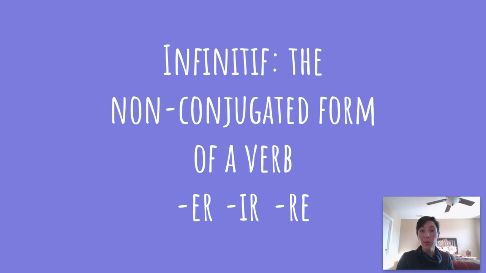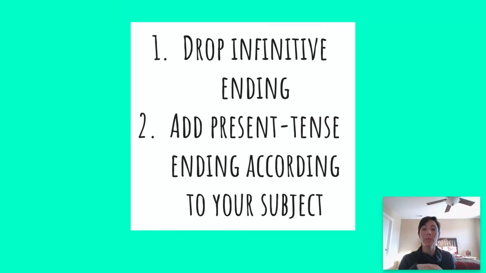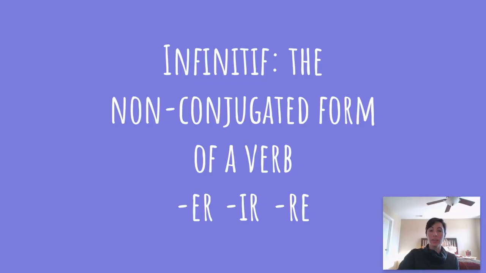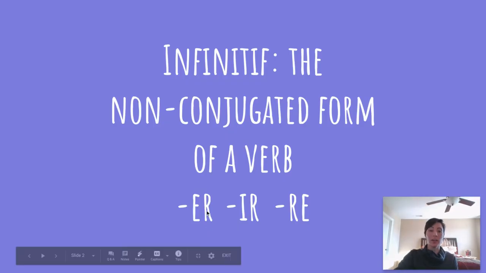And we have two steps that we will always follow to conjugate regular verbs. We already learned this with our ER verbs, and it's the same process with IR and RE verbs, but you just have different endings. So remember, first, you're going to drop your infinitive ending. Our infinitive is the non-conjugated form, and the infinitive ending is going to be ER, IR, or RE.